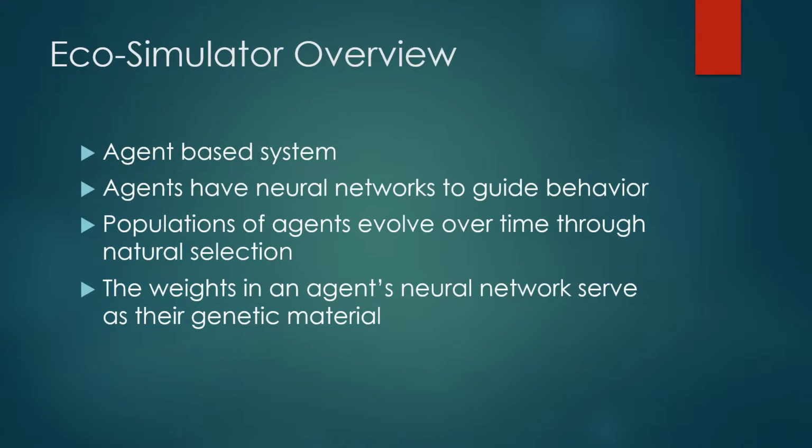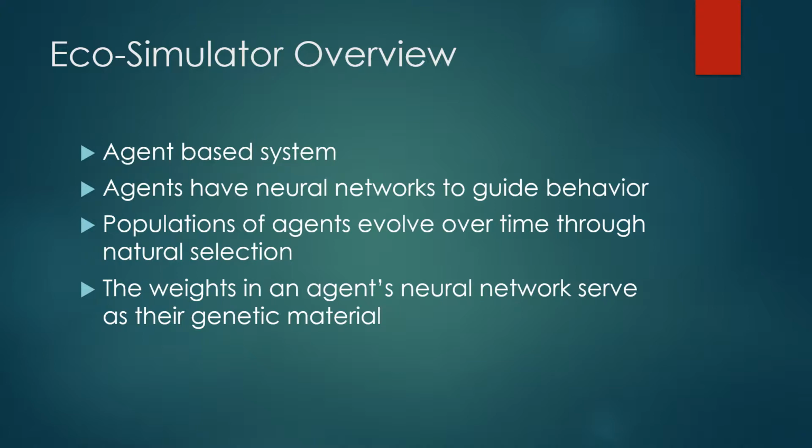So before we go over to the demo, I just want to give you a quick overview of the system and some of the main components that make it work. So it's an agent-based system where each agent is analogous to a creature or some kind of an organism. Each agent has its own set of neural networks that guides its behavior. The user starts by creating populations of agents, which will then evolve over time through a process that's similar to natural selection.